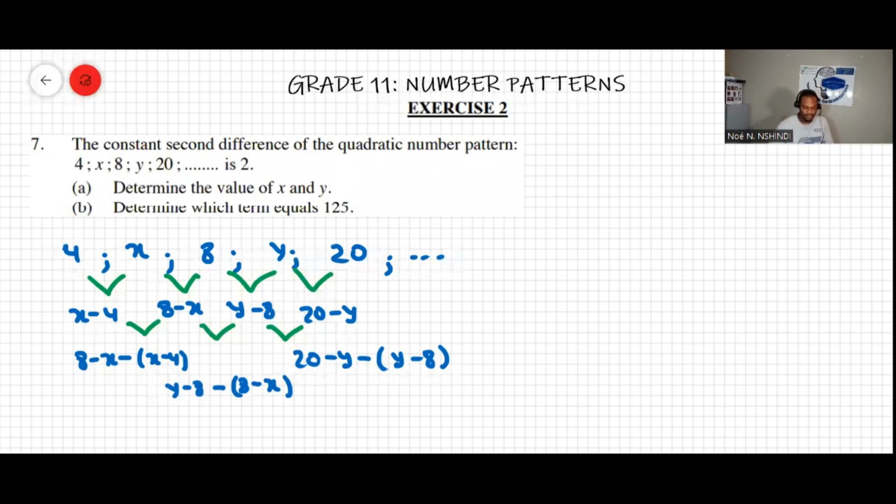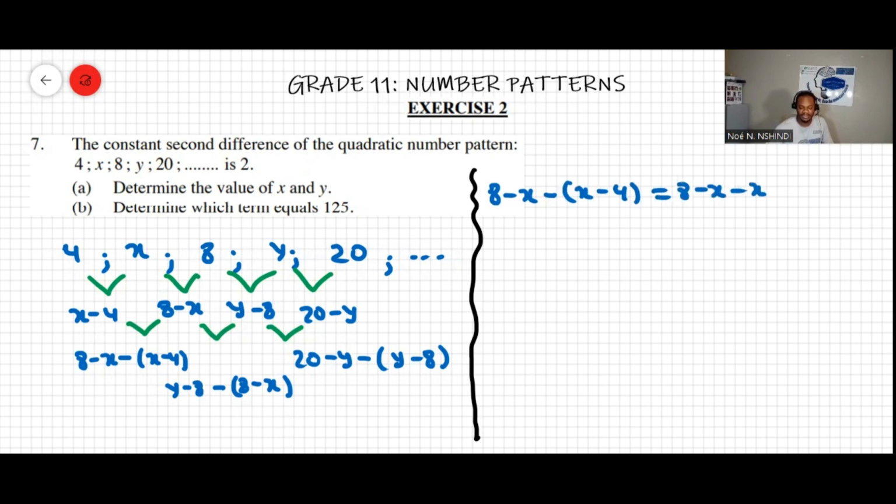So if I look at the first group, we have 8 minus x minus x plus 4, which makes negative 2x plus 12.